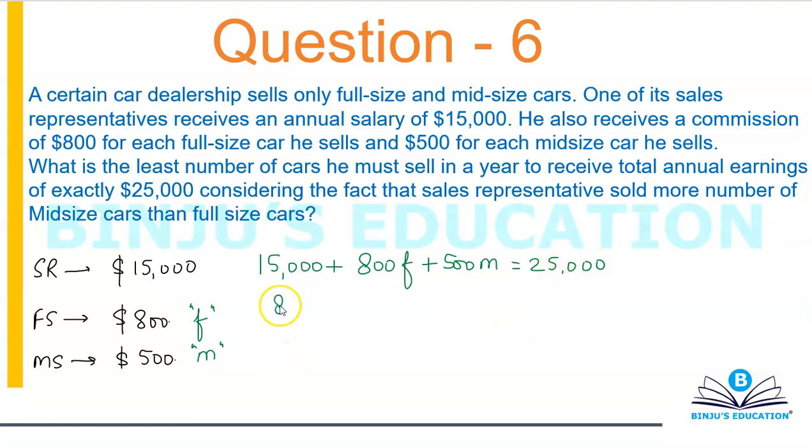Or I can say that 800F plus 500M is equal to 10,000. All right, 25 minus 15. Now I can divide both sides by 100 and I'm going to get 8F plus 5M is equal to 100.